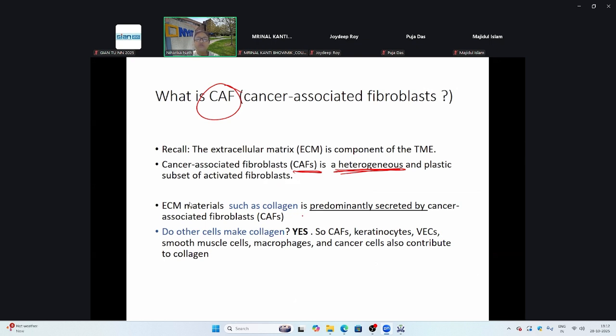And so collagen is secreted by these CAFs. Do other cells make collagen? Of course, yes. Other cells will make collagen, but cancer-associated fibroblasts also do that. So they'll make the collagen.